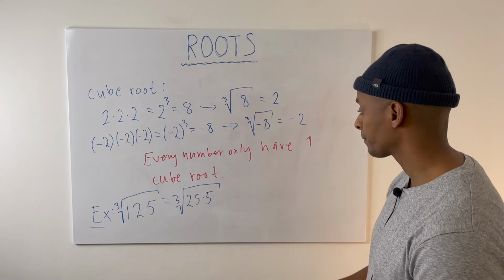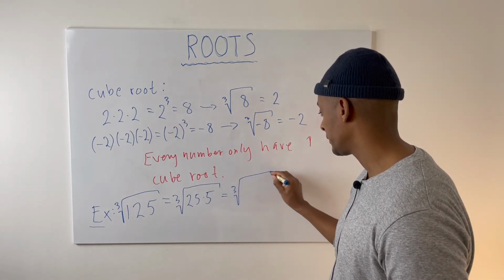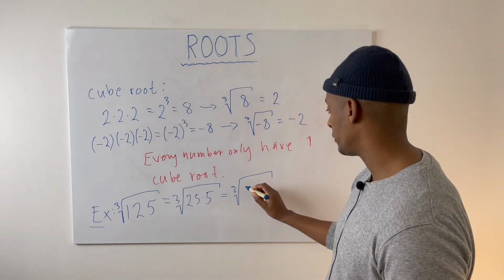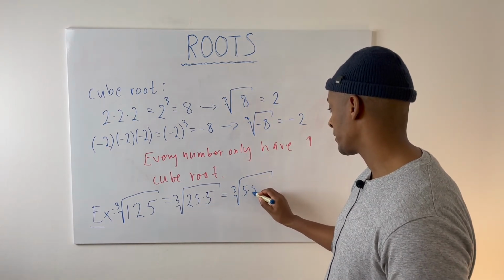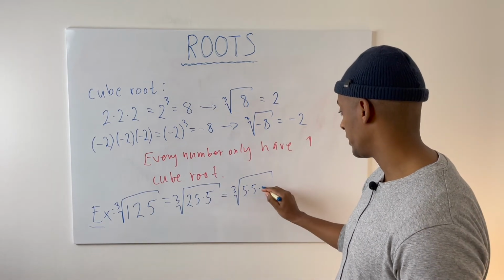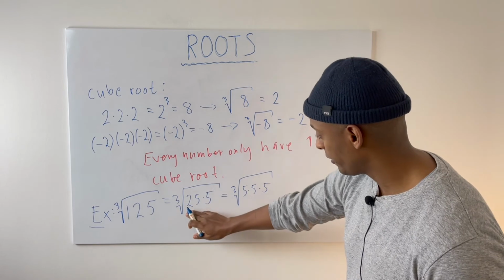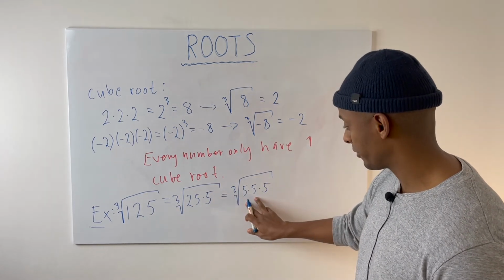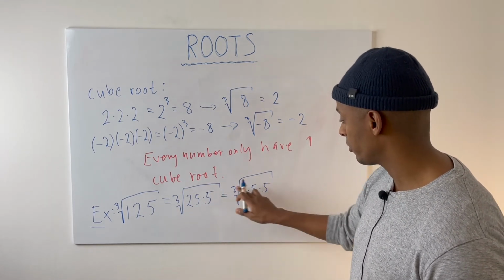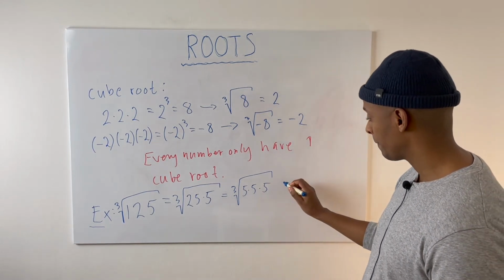Okay, and we can keep going here. We see here also that 25 is equal to 5 times 5. And then we had another 5 before, so that will carry over. So now we have 3 5s, right?